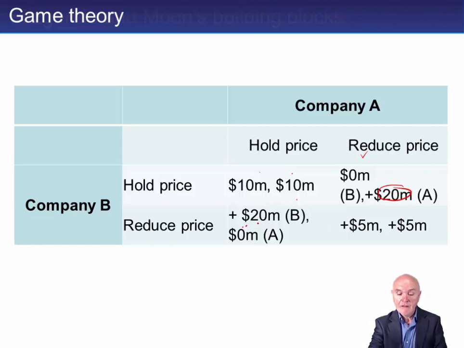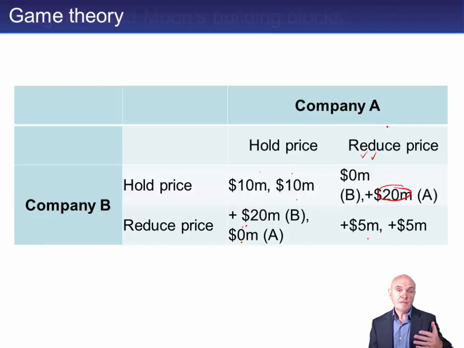So I'm faced here with either getting 0 or 5 million, and again, 5 million is better. The reduction of price option is better. So no matter what company B does, and I've explored the two things it can do, holding its price or reducing its price, company A will be better at reducing its price.